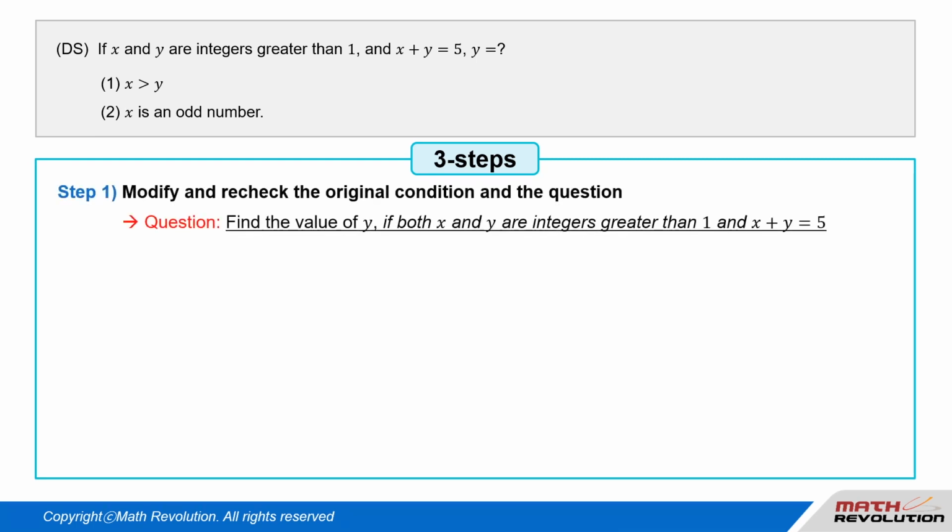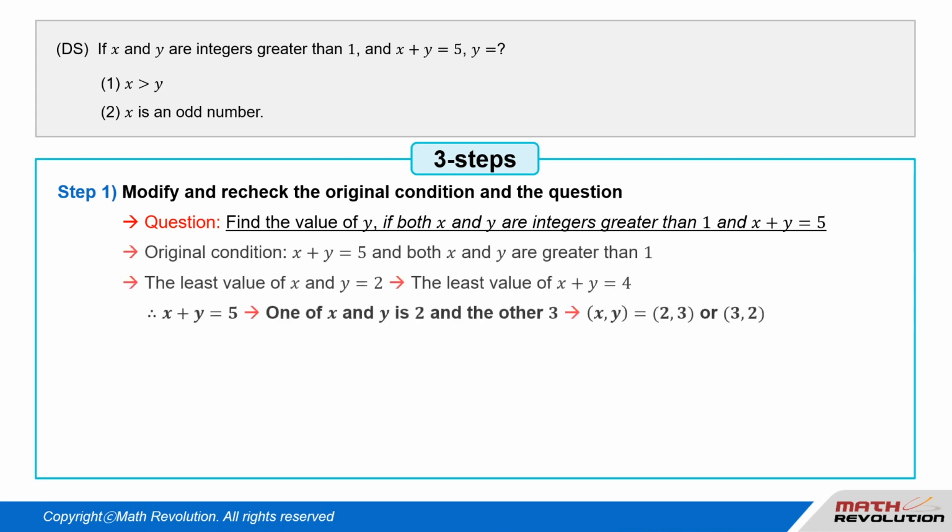Let us follow the first step of the variable approach by modifying and rechecking the original condition and the question. We are required to find the value of y if both x and y are integers greater than 1 and x plus y equals 5. This means that the least value of x and y will be 2, and the least value of x plus y will be 4.